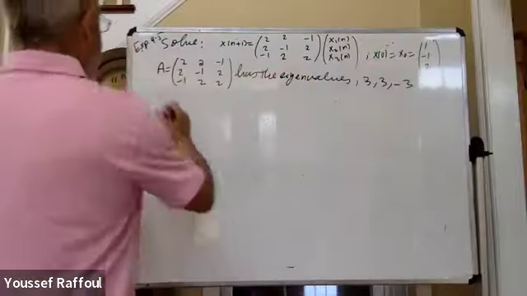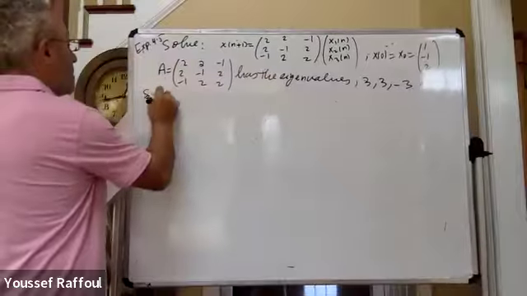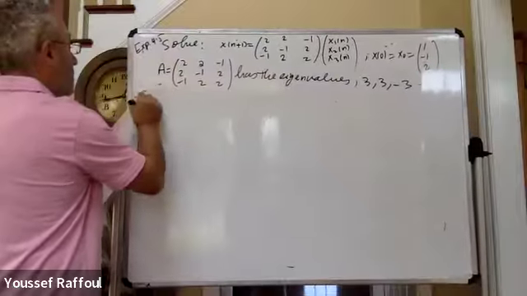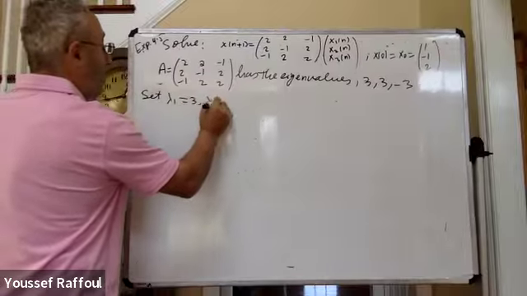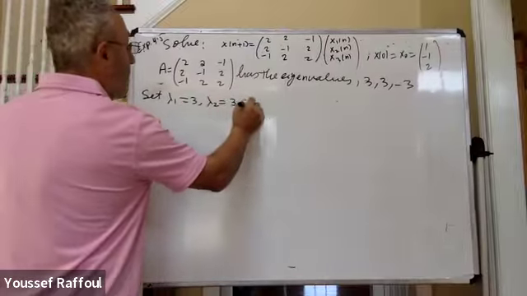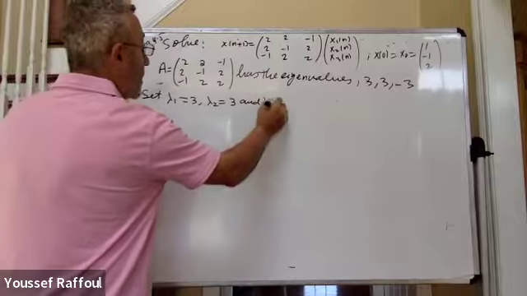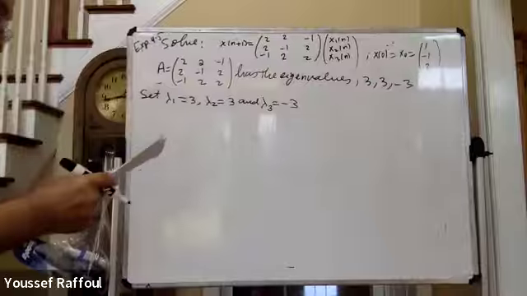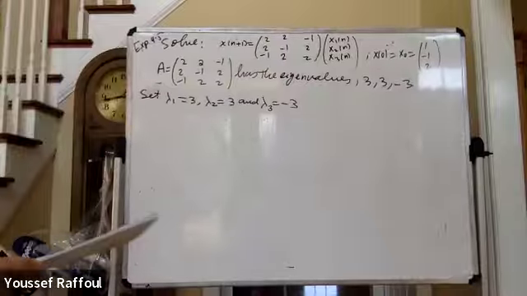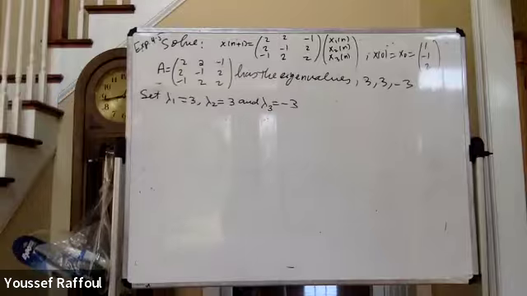So we're going to set lambda 1 equal to 3, lambda 2 equal to 3, and lambda 3 equal to minus 3. Okay? So far, so good?